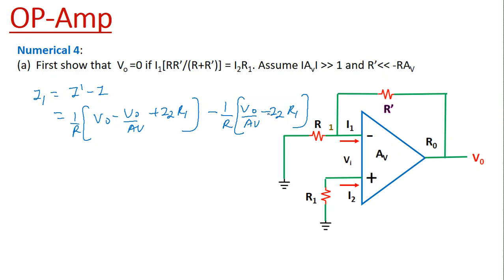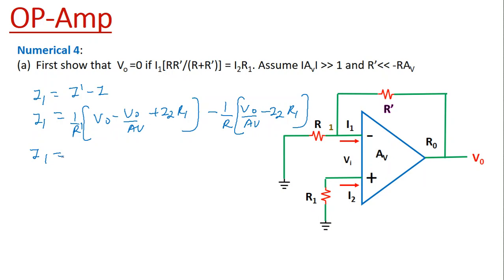This is the equation which we are getting. Now this is I1. Now we open the brackets and multiply this R and R dash. This is R dash, 1 upon R dash.